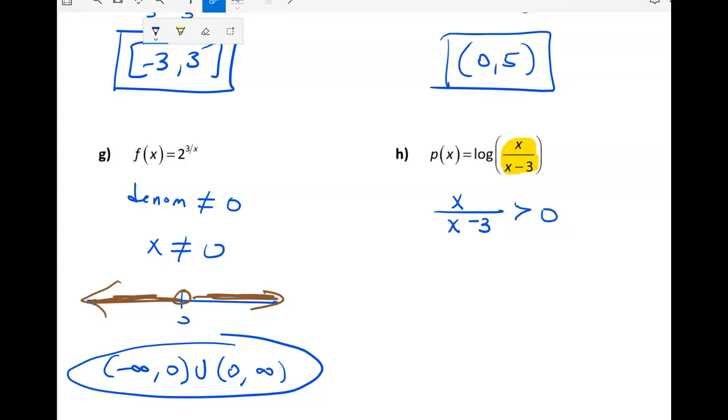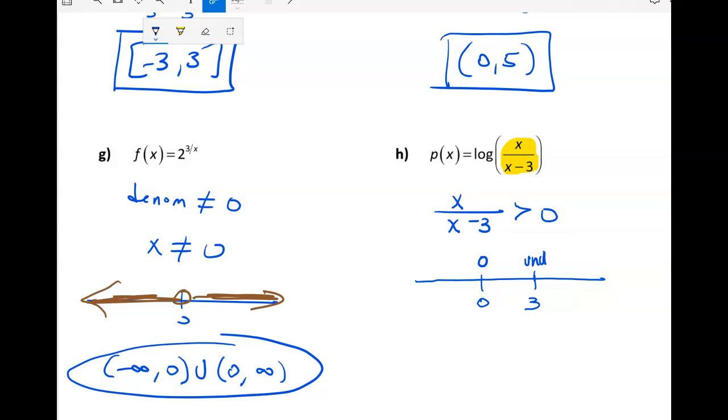And we've never solved one that was a rational expression before, but the rules of division are just the same as the rules for multiplication with one exception, and that exception is the zeros. So our two factors are x and x minus 3. 0 and 3 will cause those factors to be 0. If x equals 0, our fraction is equal to 0. If x equals 3, our fraction is undefined.